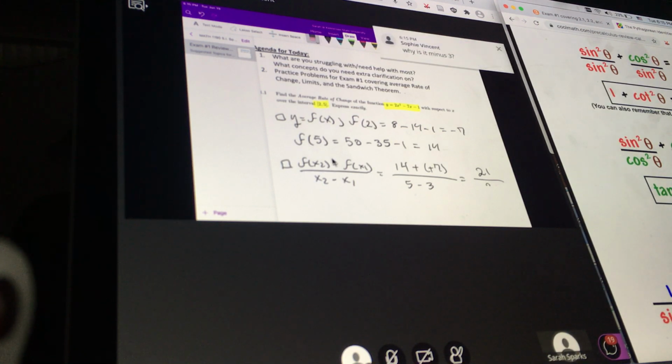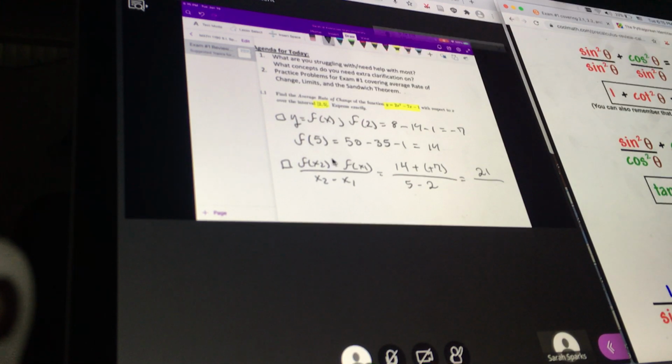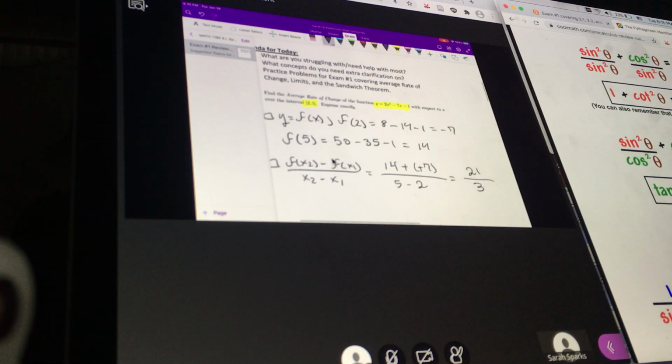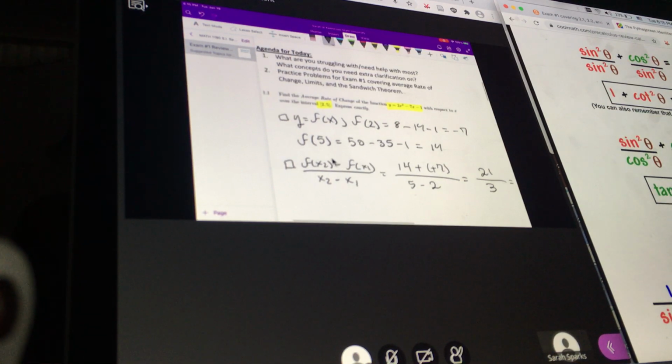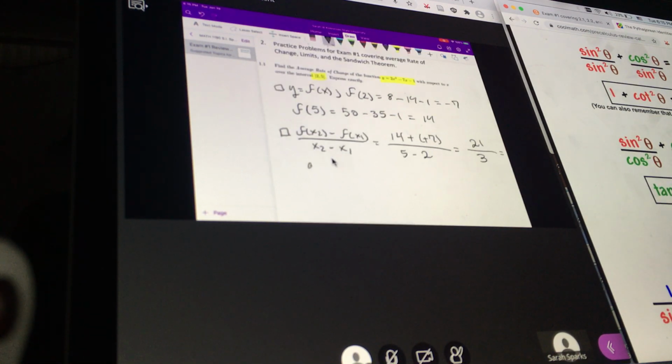It's 5 minus 2, I'm sorry. That's my bad, this is my fault. I was thinking 5 minus 2 equals 3, and I wrote 3, so I'm sorry about that. So it's going to be 21 divided by 3. 21 divided by 3 is 7. So our final answer will be our average rate of change is equal to 7.